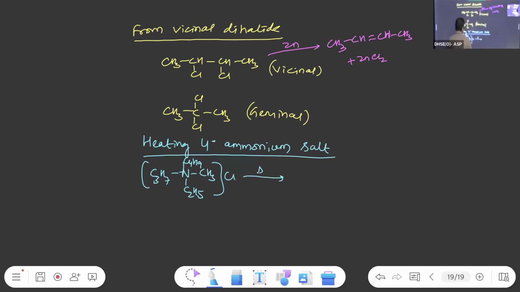If you are heating this, it will be converted to tertiary amine, along with one alkene and HCl. One alkene and HCl. Write down.